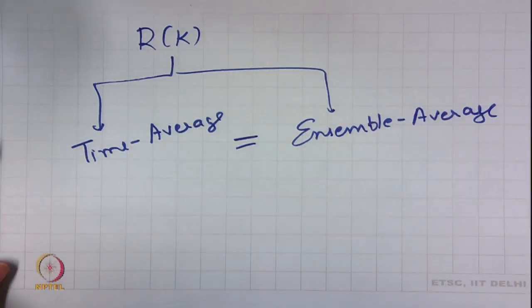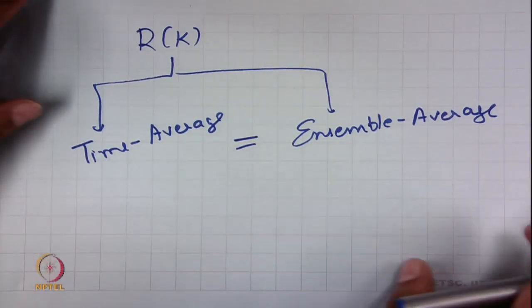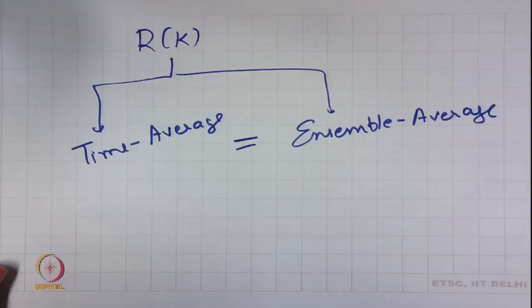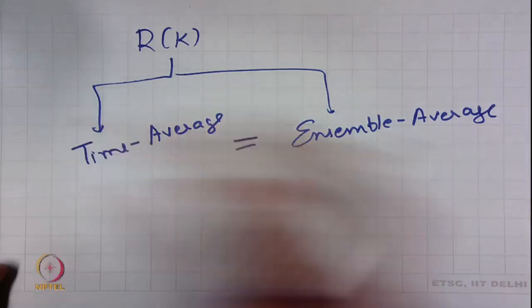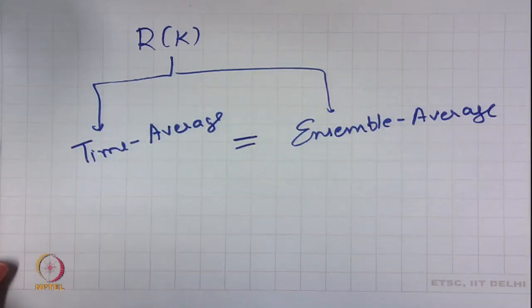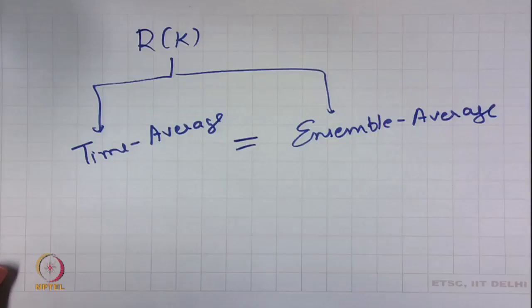Whichever idea is good, we can use that. Currently I am finding the autocorrelation function using the time average idea, and after a while we will do the same computations using this ensemble averaging or statistical averaging idea. Right now we are using the time average idea, which is more convenient at this point.